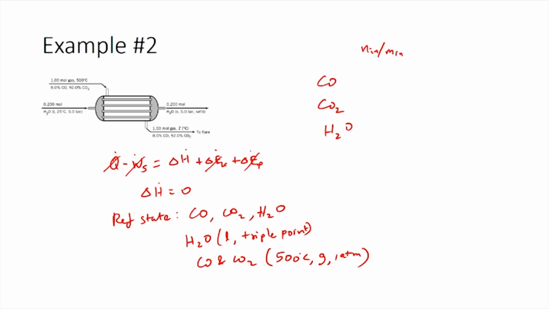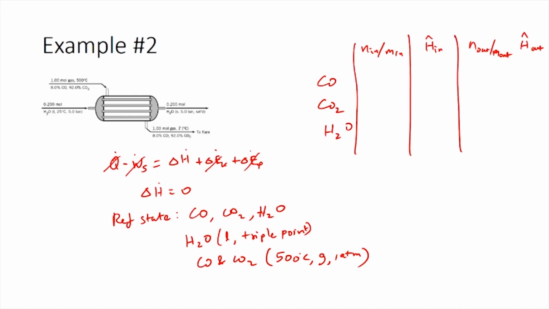However, the enthalpy we calculate using integral Cp dt would be in terms of kilojoules per mole. So, depending on what units for enthalpy would be, we would have to write either the number of moles or the mass of the inlet and outlet streams, and you would have H cap in and you have N out or M out, and you would also have H cap out. So, this is the table we have to work with.